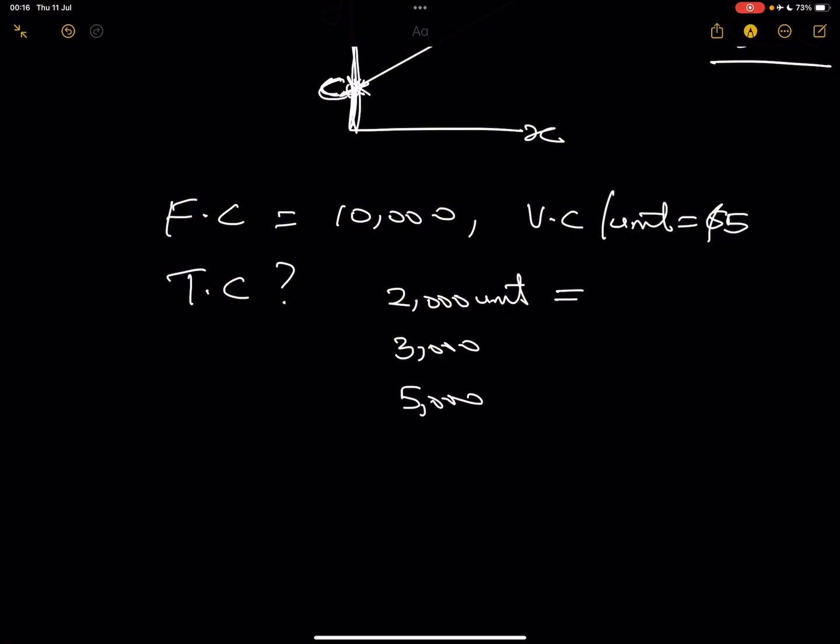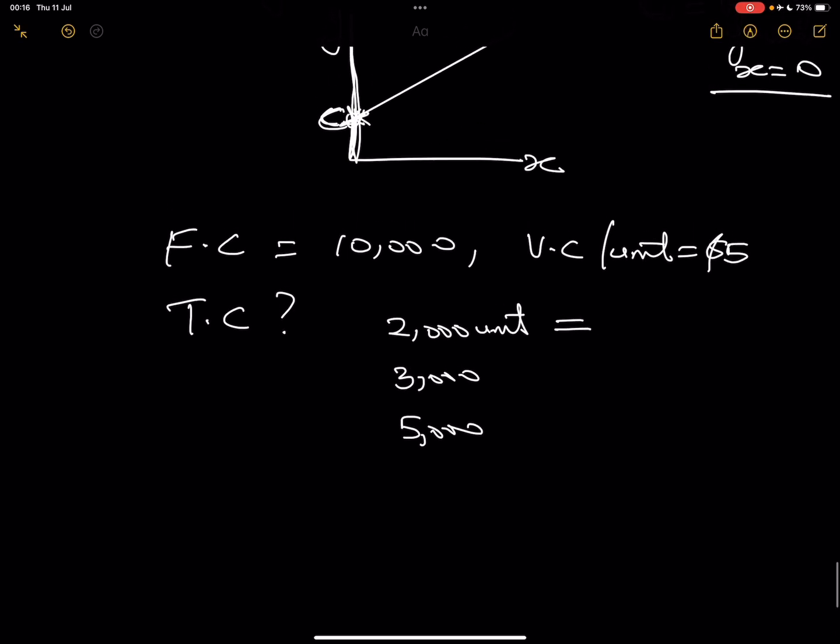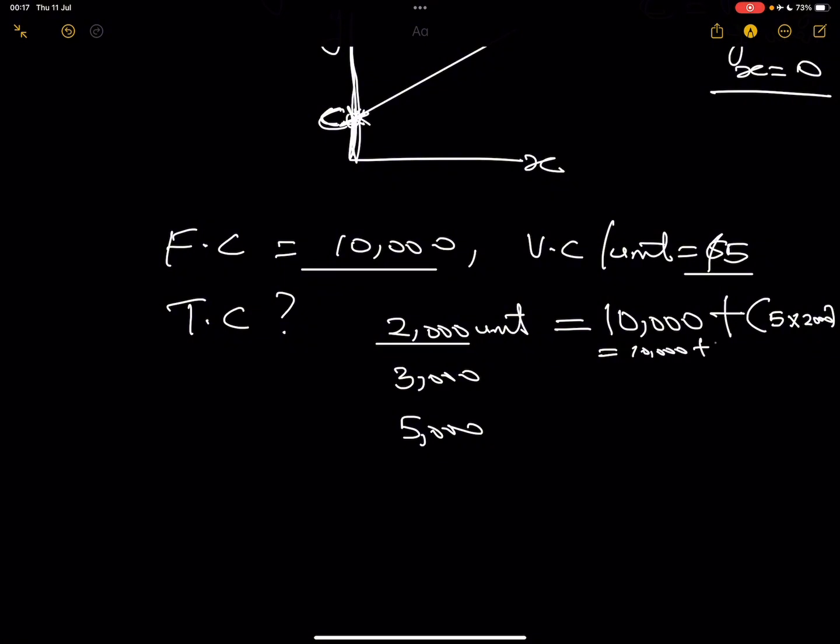Obviously, the way to calculate the total cost when activity is 2,000 units, we already know that fixed cost will be fixed and it will never change. So that will be 10,000. Nothing's going to change it. Plus the total variable cost, which is variable cost per unit multiplied by the number of units that we have produced. So plus 5 multiplied by 2,000. And that will give us 10,000 plus another 10,000, and that is equal to 20,000.